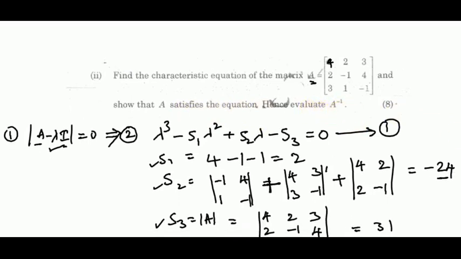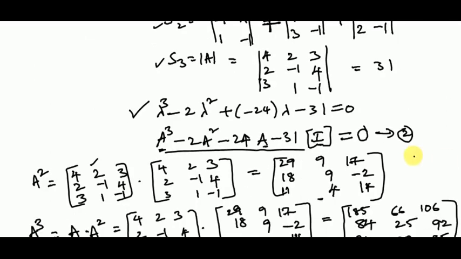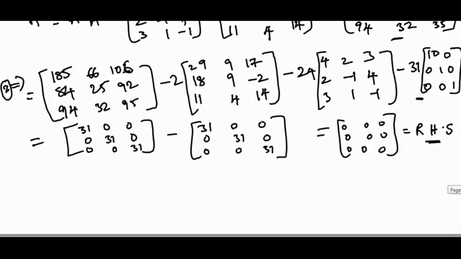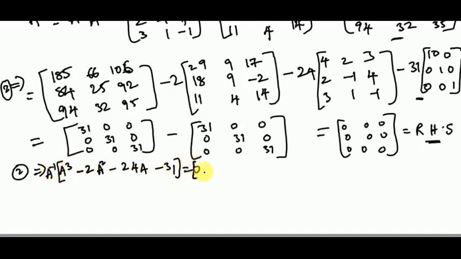Hence we need to calculate A inverse. How do we calculate A inverse? First let's consider the second equation: A cube minus 2A square minus 24A minus 31I equals 0. Now multiply this whole equation with A inverse on both sides.